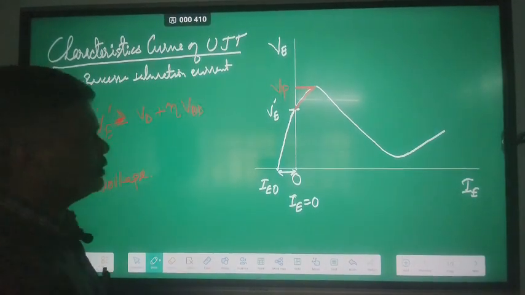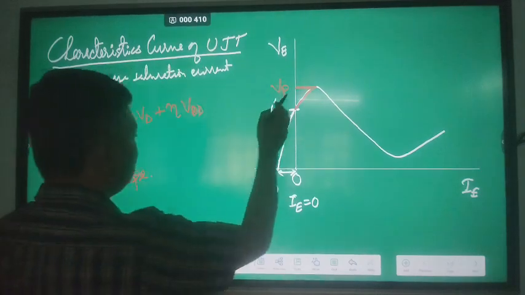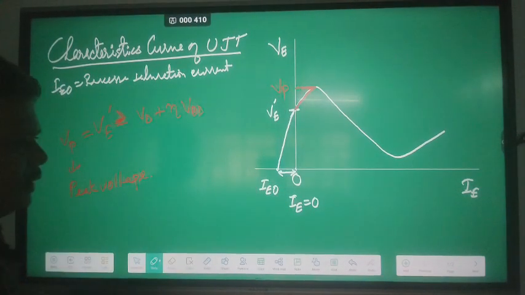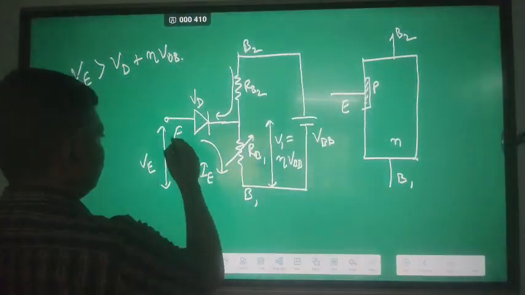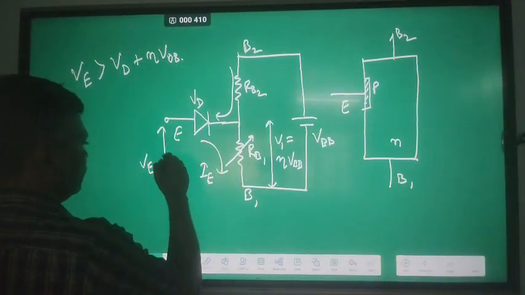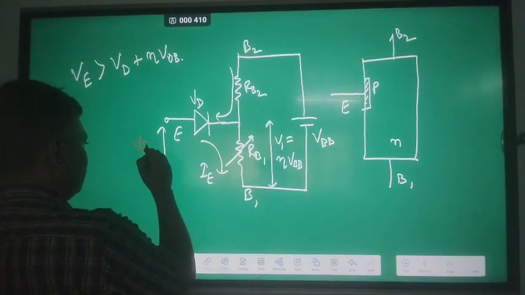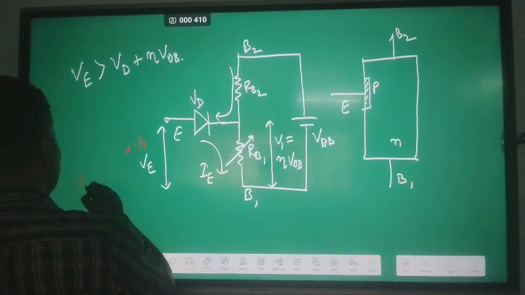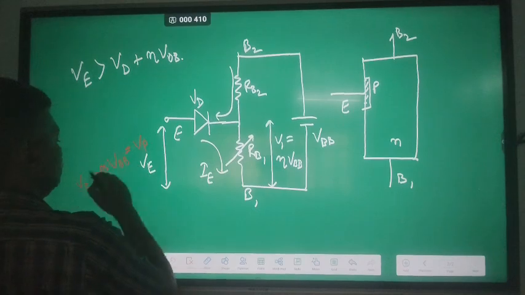So the diode will conduct fully whenever the voltage across this emitter junction is equal to VP, which is nothing but VD plus eta VBB.